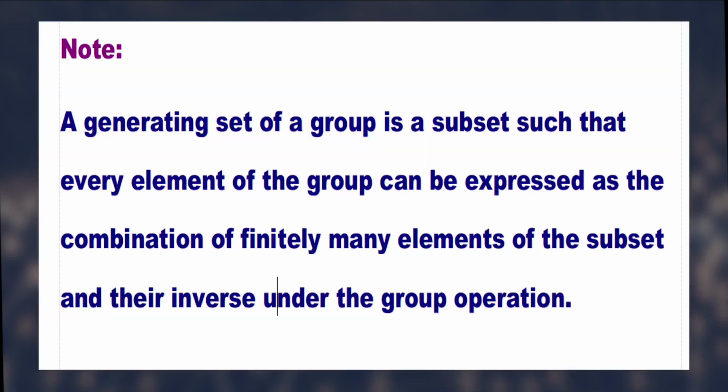Let us see the next note. A generating set of a group is a subset such that every element of the group can be expressed as the combination of finitely many elements of the subset and their inverses under the group operation.